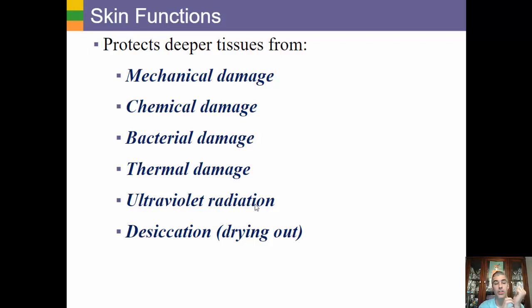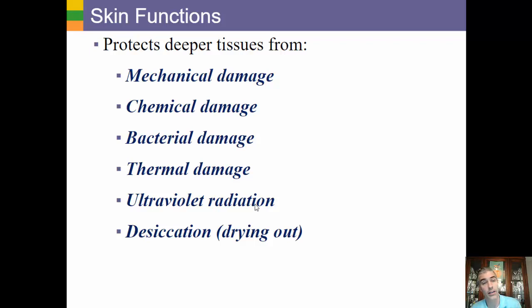Also, if you scratch yourself, it doesn't go straight through and you don't start to bleed because you have several layers of tissue above your blood vessels. It helps keep you protected. It prevents chemical damage. So if you do get acid or something on your hands, you usually have a certain amount of time before it actually causes damage to your skin. You can wash it off.